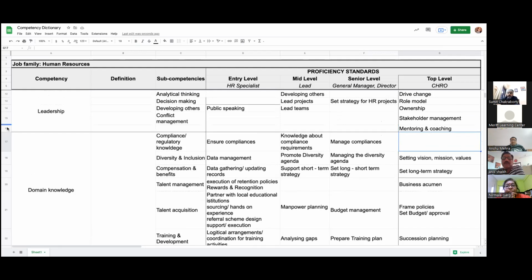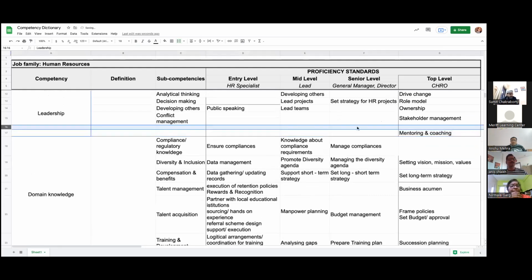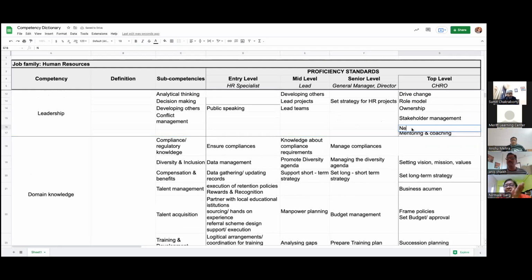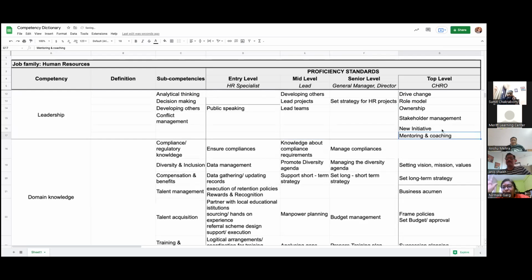Let us look at domain knowledge, guys. That's the easiest, in fact, because it has more of the knowledge component. You agree? Yes.